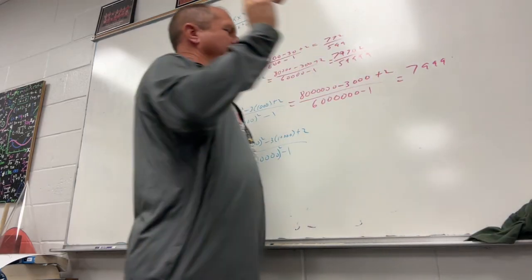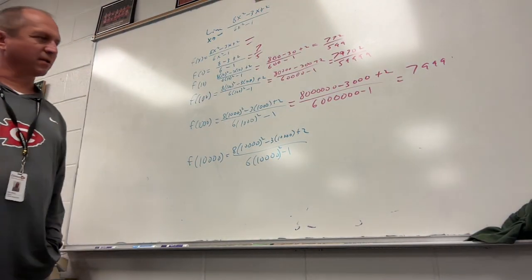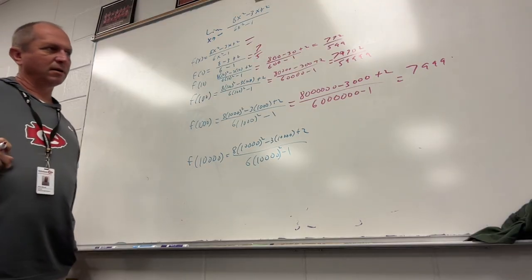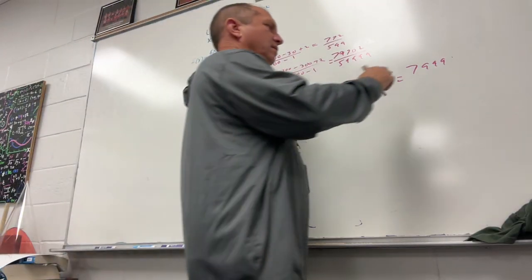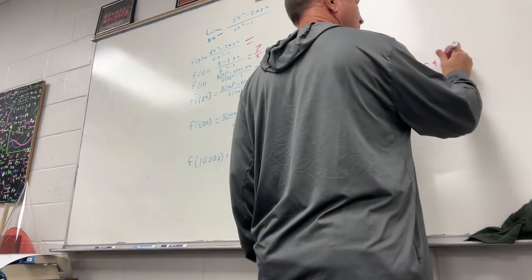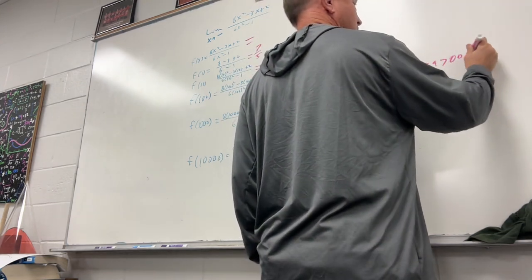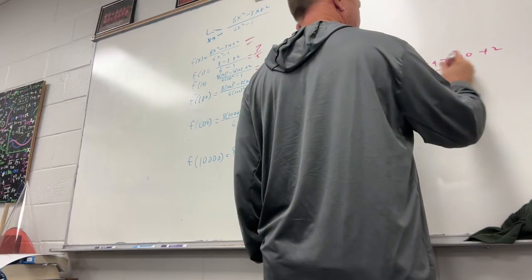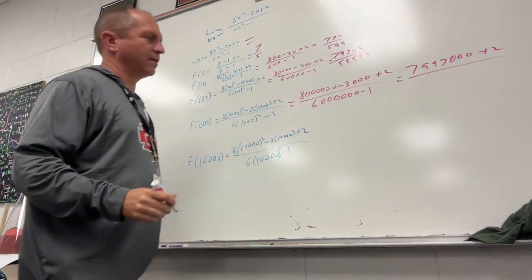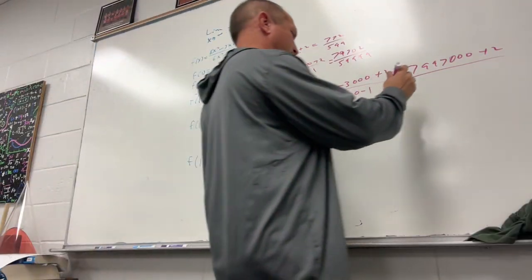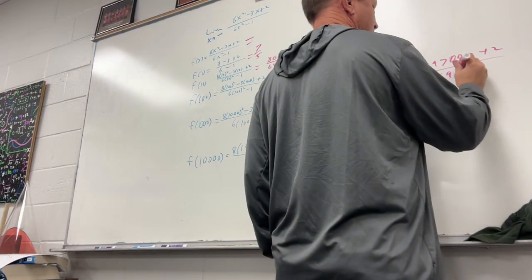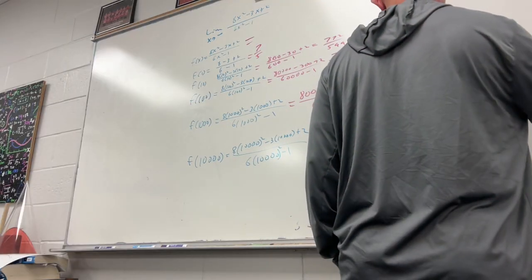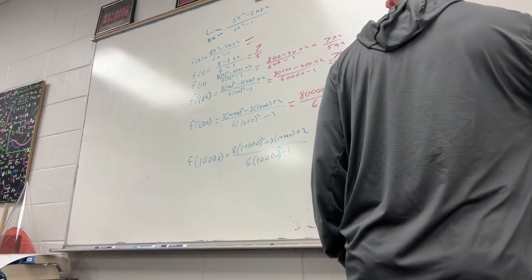I want to add 2 in just a second. You'll see why. Over, oh, then it's plus 2. And then that's just going to be 5,999,999, which, as you said, is 7,997,002.